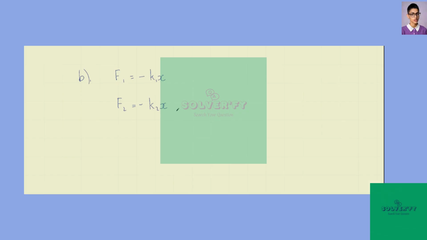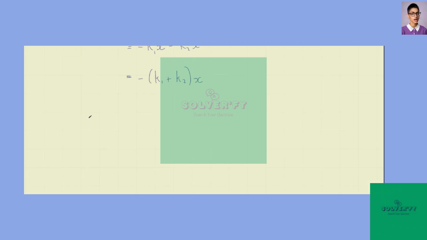as F1. And thus the net force on the displaced block we'll call F, and F is equal to F1 plus F2, which is minus K1 x minus K2 x, which we can write as minus K1 plus K2 times x.